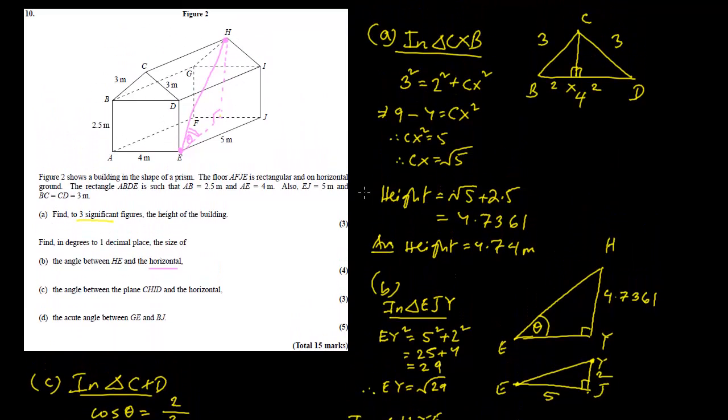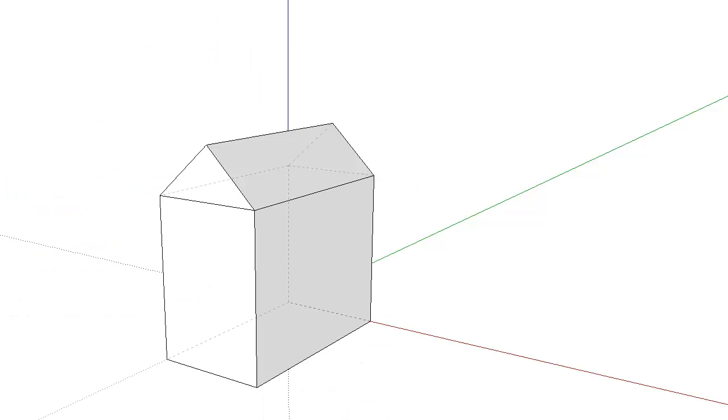So GE is this one from one corner to this corner, and BJ is this one. So it's like this. This is from one corner to the other corner.